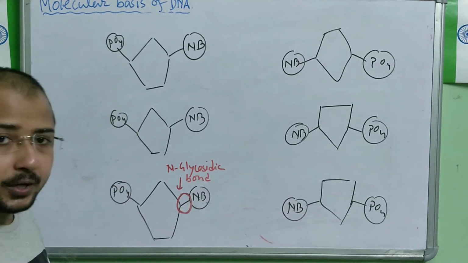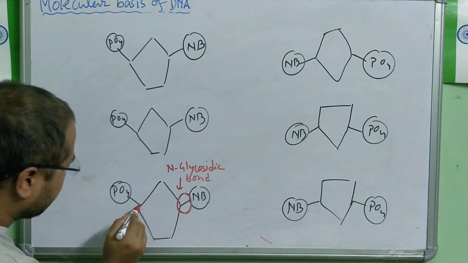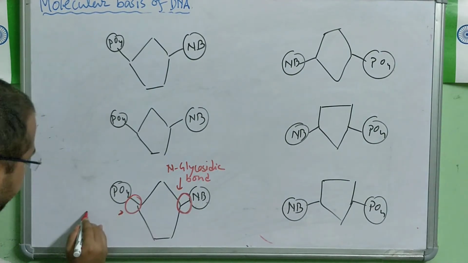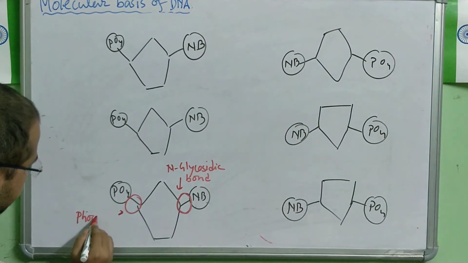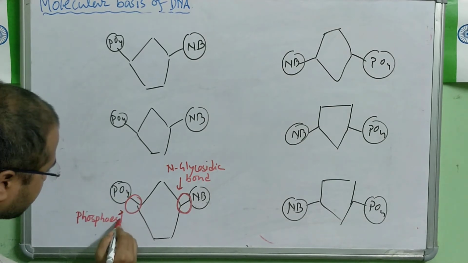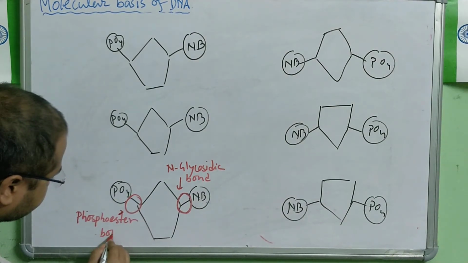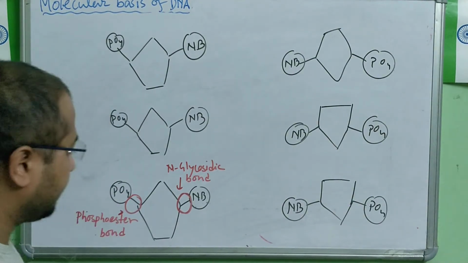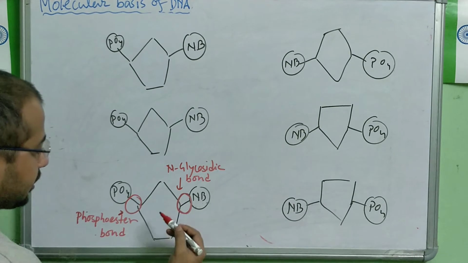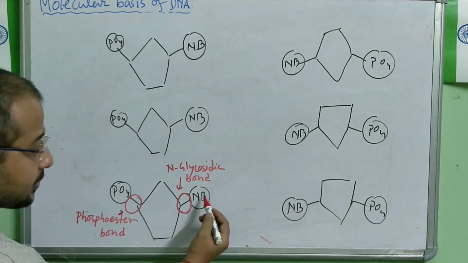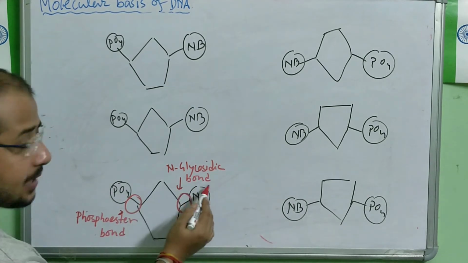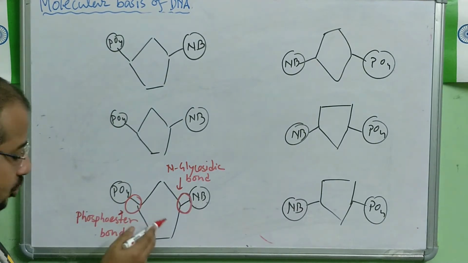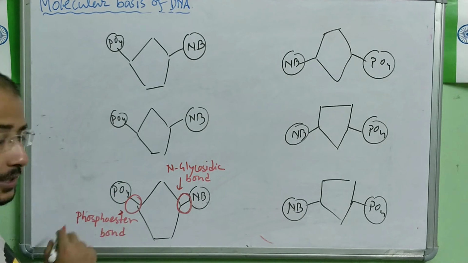And the bond between the phosphate group and the sugar is known as the phosphoester bond. This is something very important you have to remember. The bond between the sugar and the nitrogenous base is the N-glycosidic bond, and the bond between the phosphate group and the sugar is the phosphoester bond.